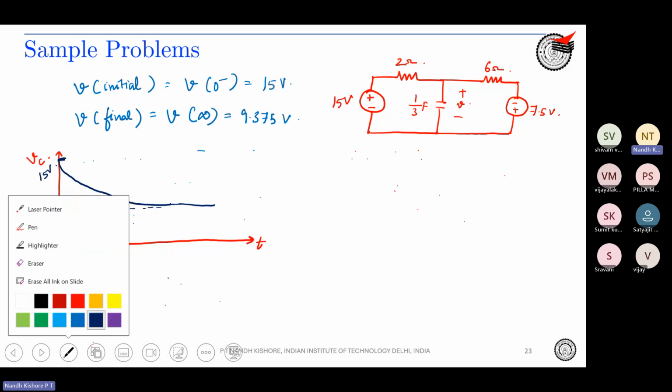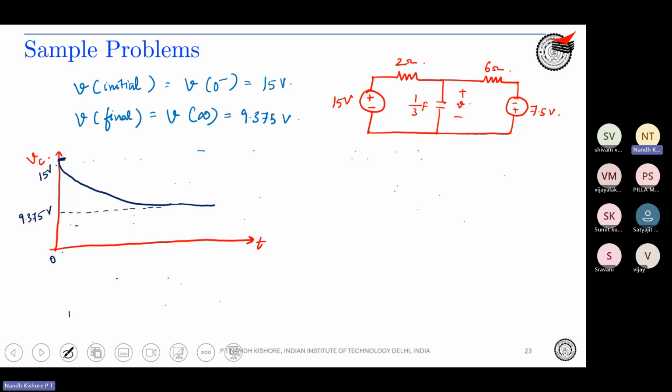The question is to find out what V is at 0.5 seconds. Are you able to visualize using this graph? Is this understood?